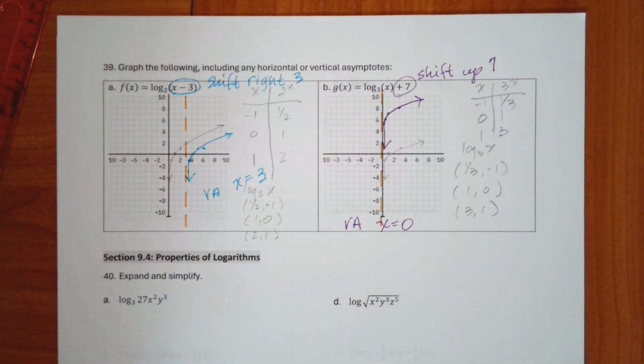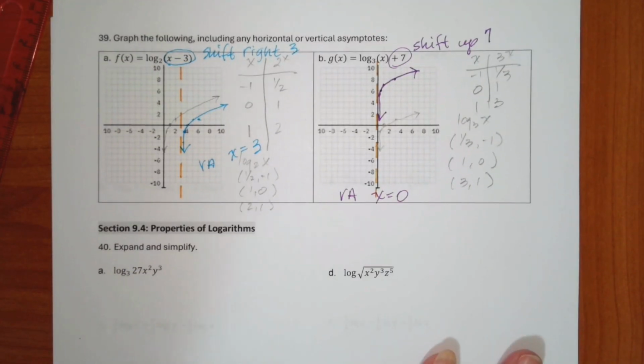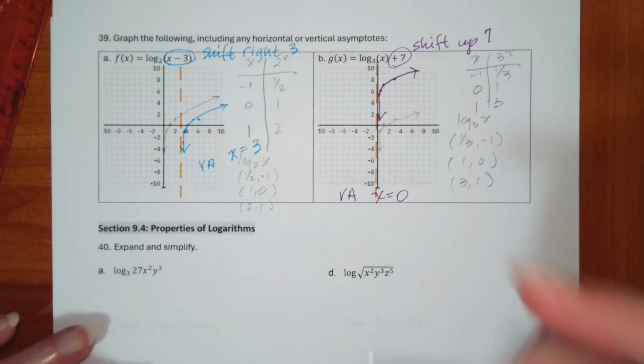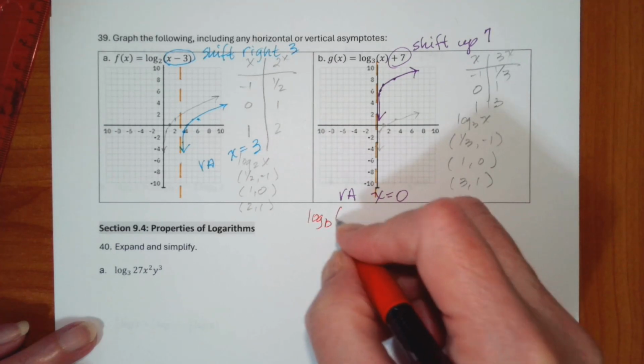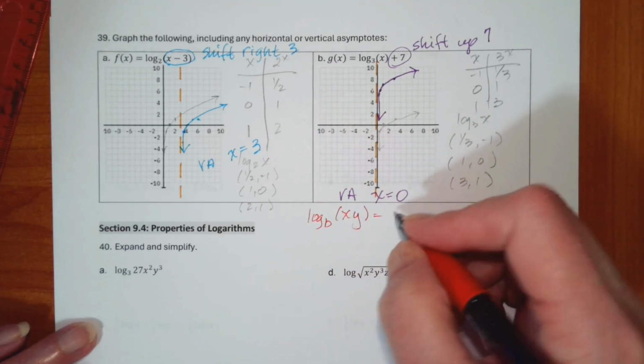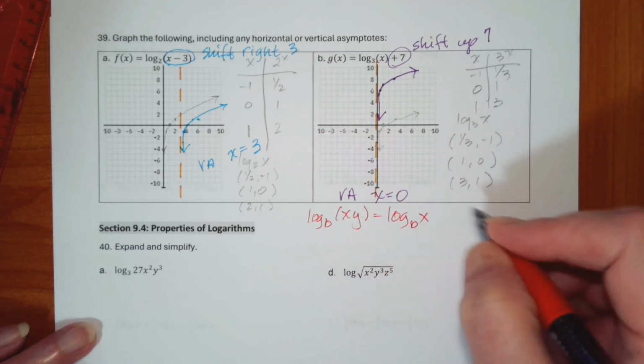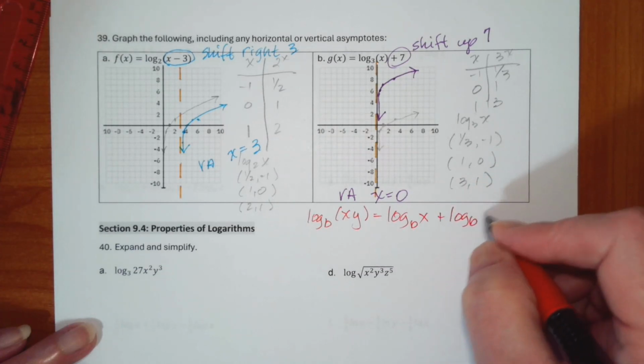Alrighty, let's look at some log properties and do some expansion. Remember the rules on this. Okay, I'm not going to repeat it. Well, let's go ahead and just as a refresher. So my rules are log base b of xy equals log base b of x plus log base b of y.